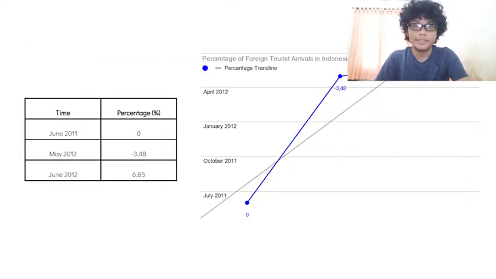This is the percentage graph shown from June 2011 to May 2012 until June 2012.